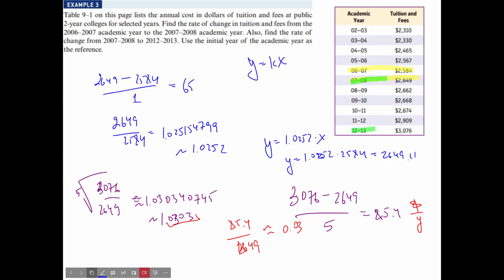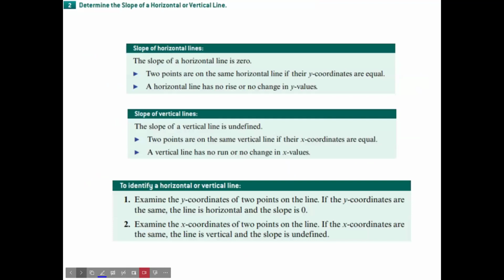Okay. So slope on horizontal and vertical lines. What you should remember, for a horizontal line, m is 0. How to determine that? y equals a certain number. No matter what x is, the y will be the same number.